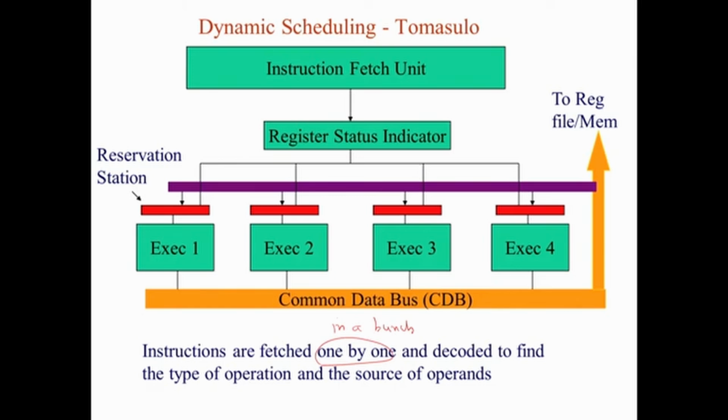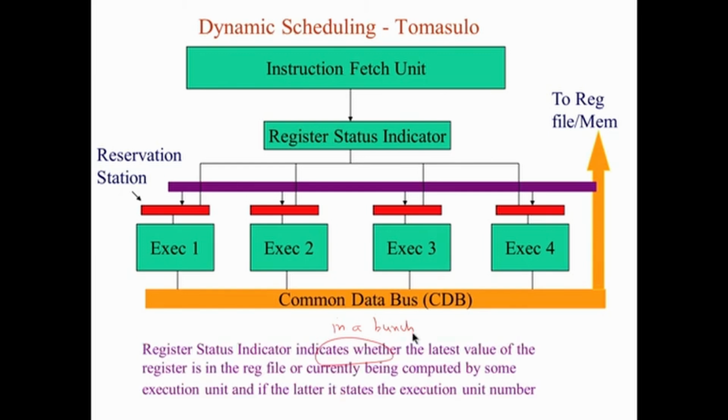So I will have multiple decode units inside this instruction fetch unit. You all understood what an instruction fetch unit is. It will fetch many instructions, decode them, and find out what the operations to be done are and what the operands are. Now there is some register status indicator.